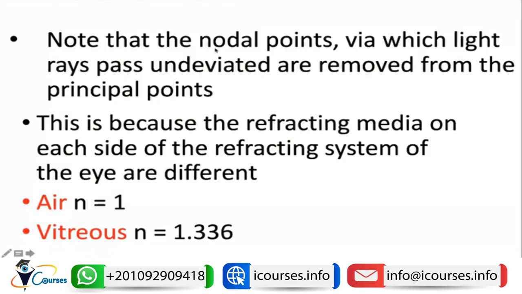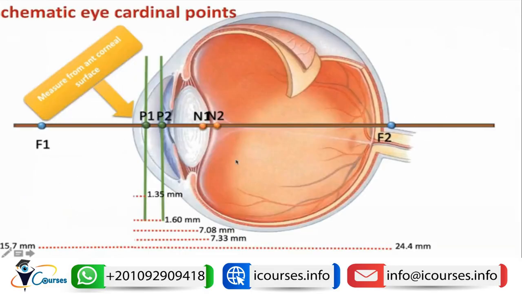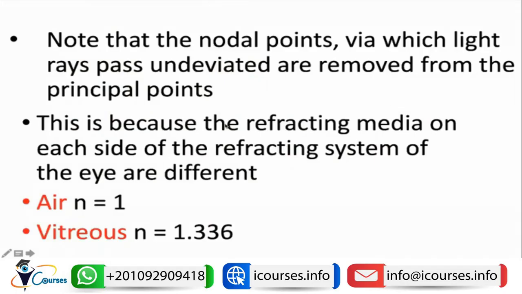Note that the nodal points, at which light rays pass undeviated, are separated from the principal points. You are used to seeing the nodal points coincide with the principal points. Why do we separate them? Because there are different refractive indices in front of and behind the system, as we mentioned in previous lectures.